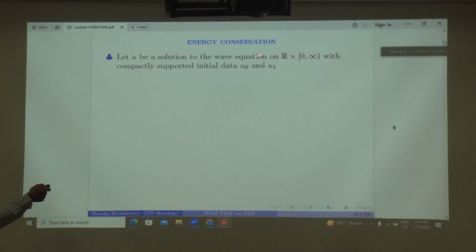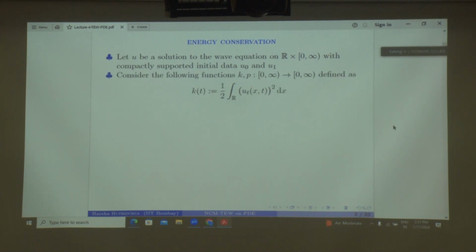With this data, we know that for an initial value problem for the wave equation, you need to give two functions, u0 and u1. And you are assuming that u0 and u1 are compactly supported, in the sense that anything non-trivial is happening inside a closed interval for those two functions. Now then, using that function u which solves the wave equation, we define this function k, which is a function of the t variable. What are we doing here?